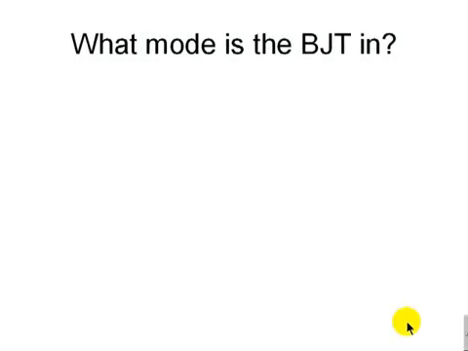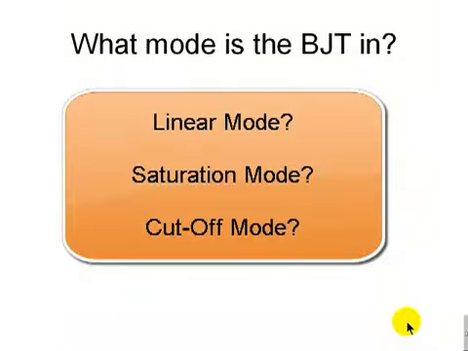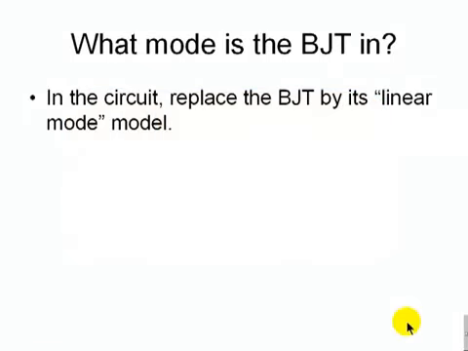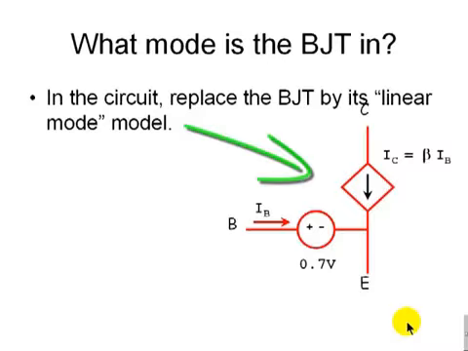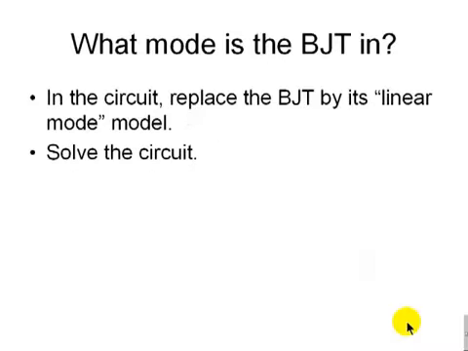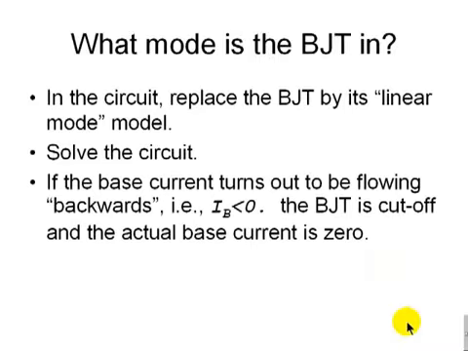The question is, how do we know what is the mode of operation of a given BJT? It's easy. The first thing we do is replace the BJT by its equivalent circuit for linear mode, this one. And then we solve the circuit using nodal analysis or loop analysis or whatever. After that, we check the base current, IB.